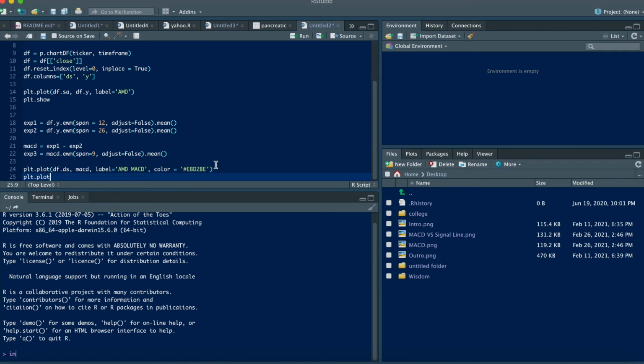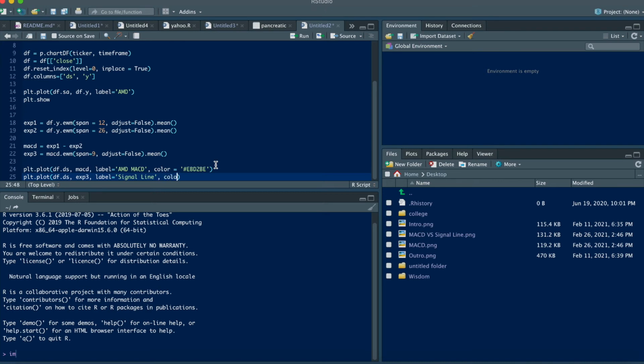So now we have a plt.plot for the df.ds, and then the experiment 3. Label is equal to the signal line. This is the other graph that we're going to be able to compare via bearish and bullish.